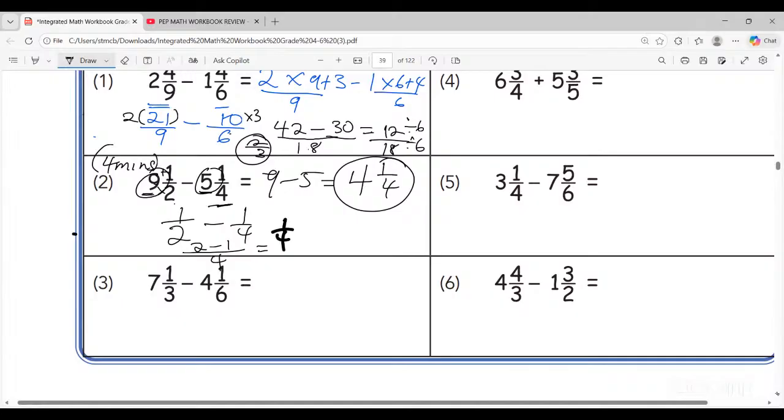So we're gonna do that one here the long way. So I'm gonna convert. So we have 7 times 3, 21, plus 1, 22 over 3. 4 times 6 is 24, plus 1, 25 over 6. What's the lowest number that 3 and 6 can go into without leaving a remainder?